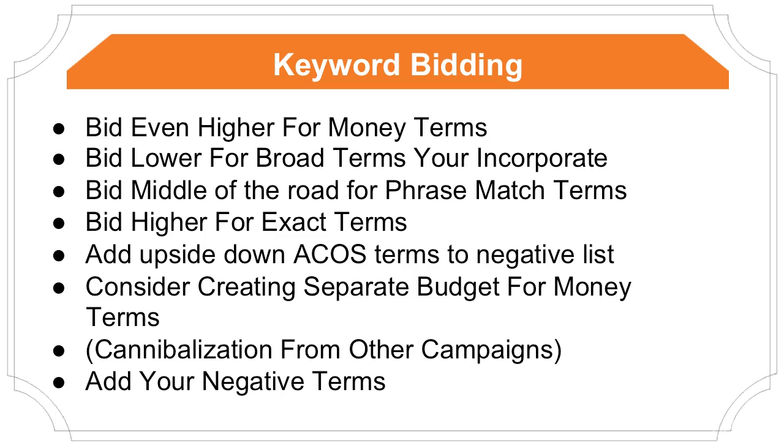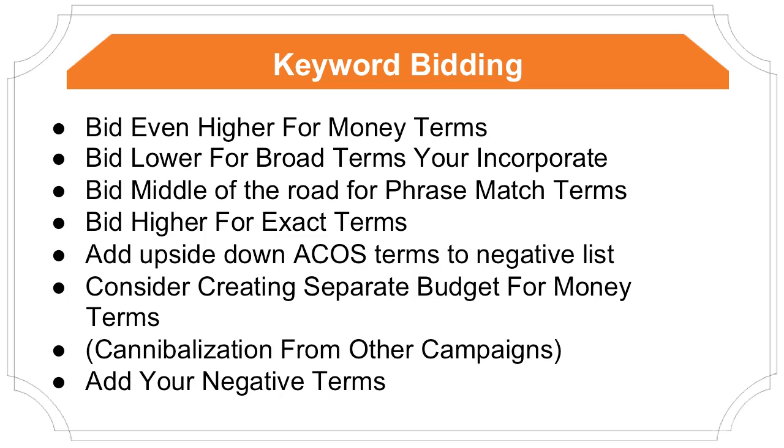Bid a little higher than broad for your phrase match terms, and then bid the highest for your exact match terms, so that as the data comes in and you're showing up a lot more often for those exact terms, that exact term is what's making the sale, versus there being a certain level of ambiguity and cloudiness because you're getting sales off broad, but you just don't know exactly what terms in broad match you're showing up for.